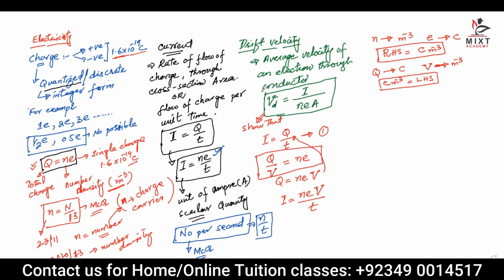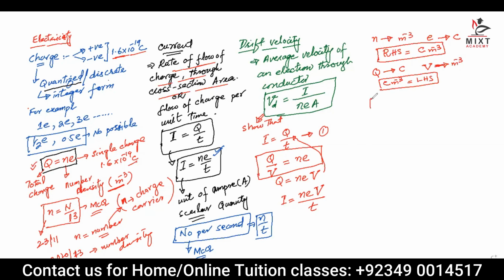The second explanation: what I have written here is the definition of current. Can you completely read the definition? Rate of flow of charge through cross-sectional area. Exactly. Through cross-sectional area.